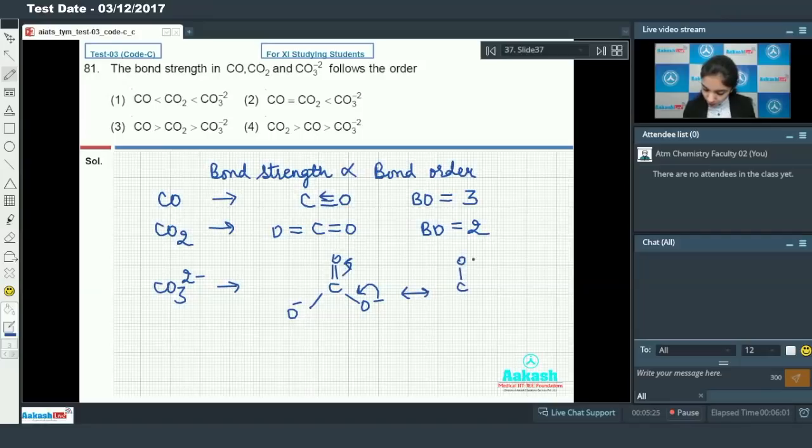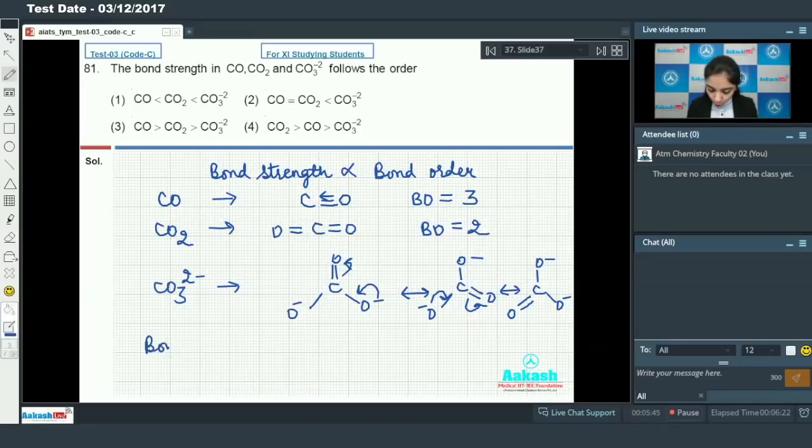So it is C-O negative, C double bond O, O negative, and we can have one more resonating structure. So there are 3 resonating structures for CO3 2-.